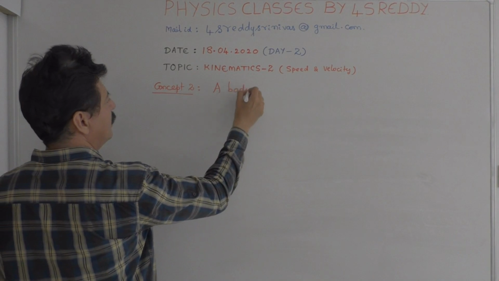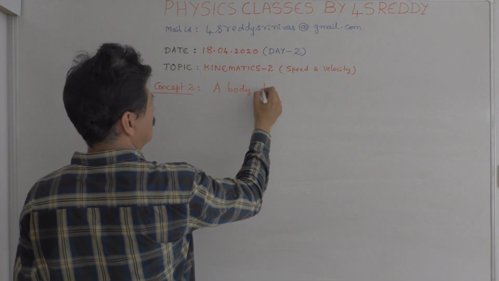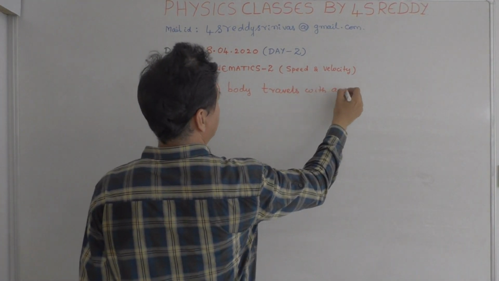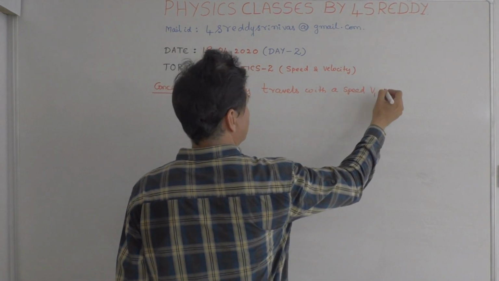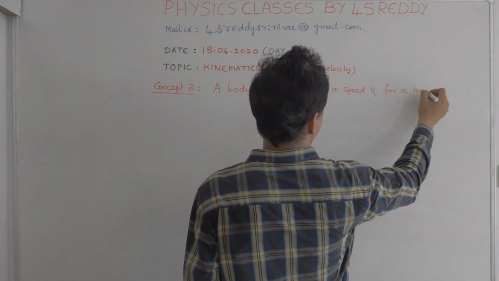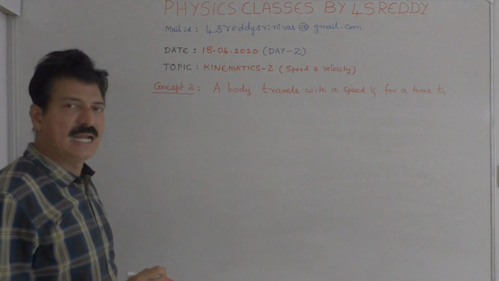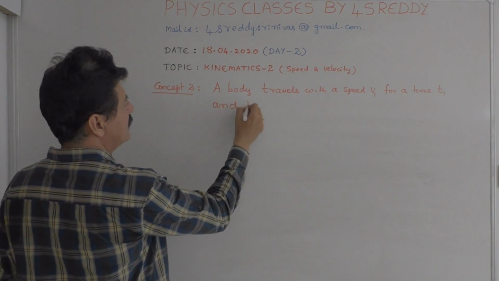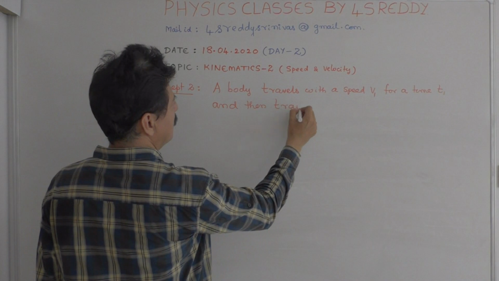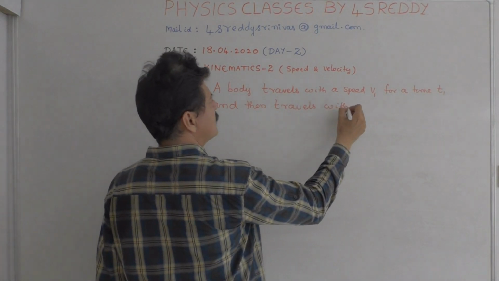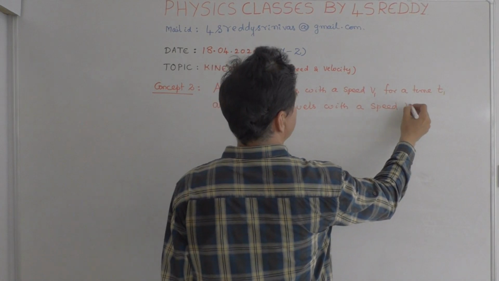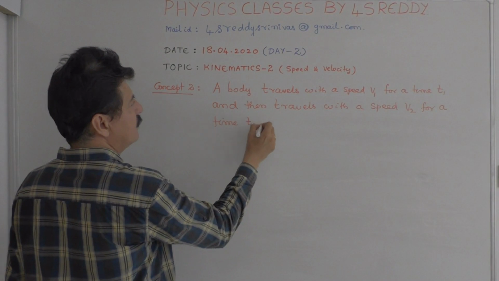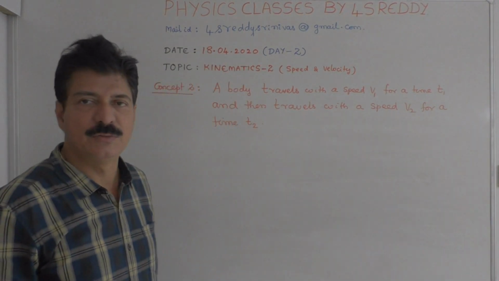A body travels with a speed V1 for a time T1 and then travels with a speed V2 for a time T2.